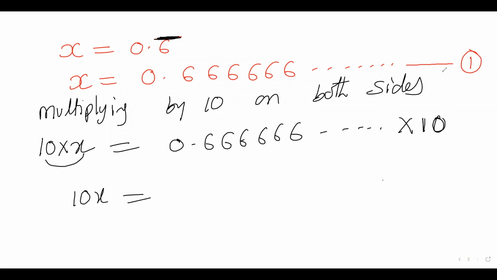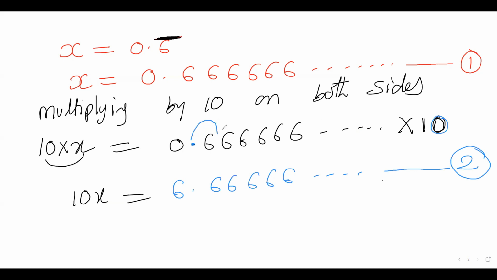On multiplying with 10, the decimal point will move forward 1 digit. 0.6 will become 6.66666, and so on, and this is your second equation. So when you multiply with 10, the point shifts 1 digit ahead. Guess what happens when you multiply with 100? It will shift 2 digits ahead. Now I have both the equations.